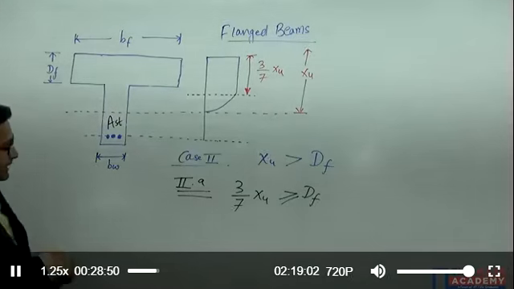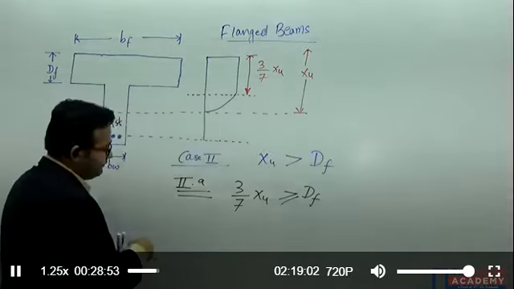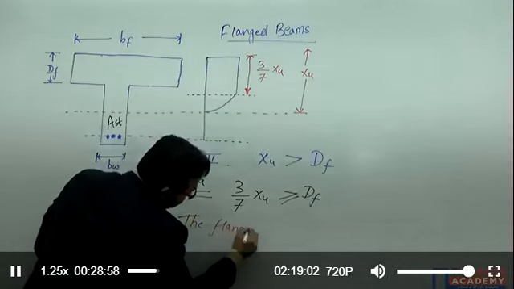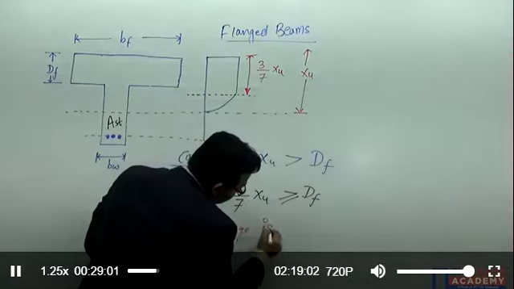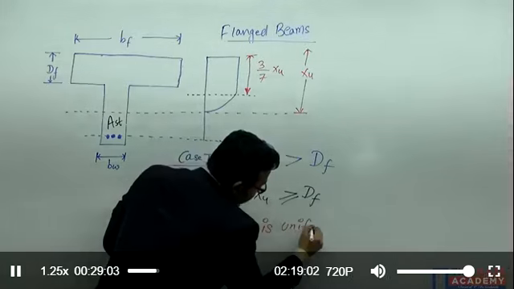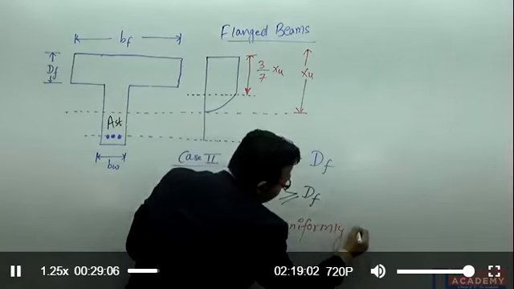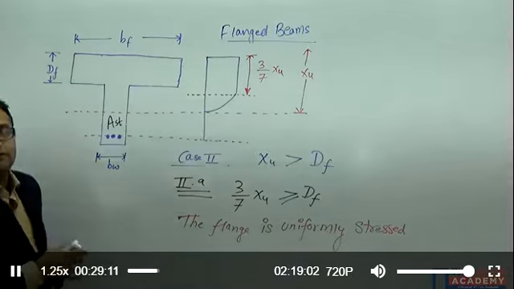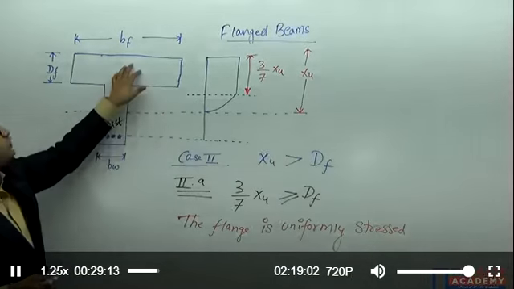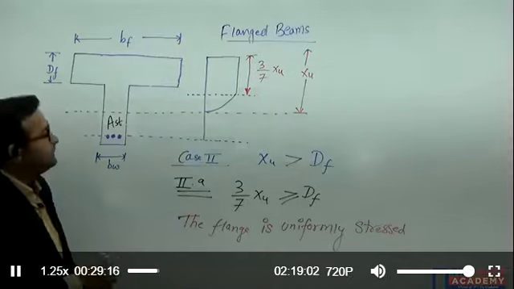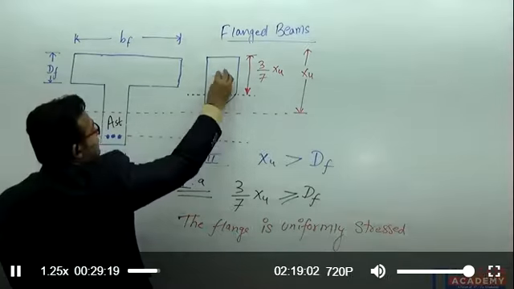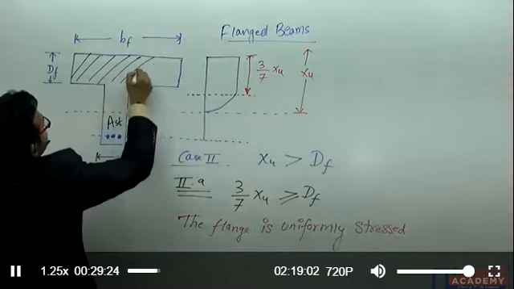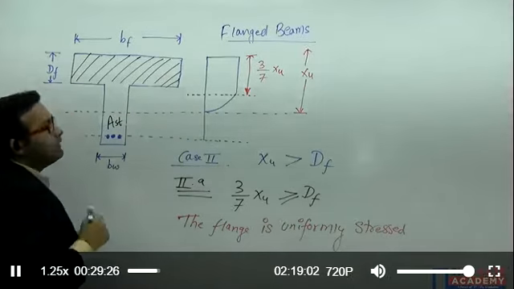That means the flange is uniformly stressed. For the given section, the flange portion is uniformly stressed because this rectangular portion applies uniform stress everywhere in the flange.